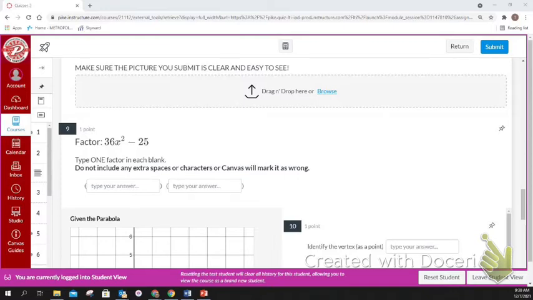So you would type in a 6x in both. And then what multiplies to be 25? 5. And the one thing you have to remember when it's this pattern is that one is a plus and one is a minus. This happens if it's perfect squares. So that's definitely something you probably want to have on your note sheet for this unit.